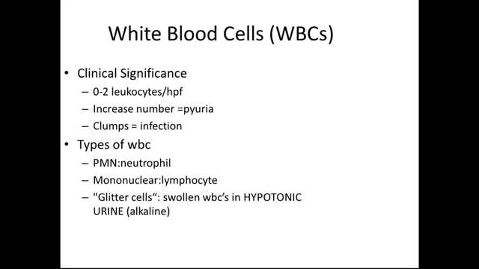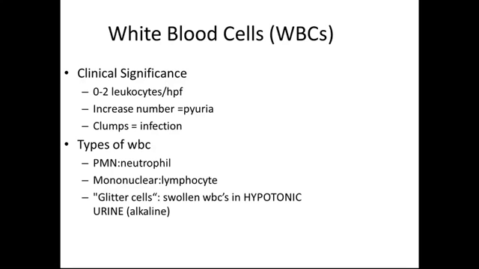White blood cells, or WBCs we also call them, clinical significance is 0 to 2 leukocytes per high power field, meaning 40x. An increased number, we call this pyuria. And if there are clumps of white blood cells, this is an indication of infection. There are different types of white blood cells.